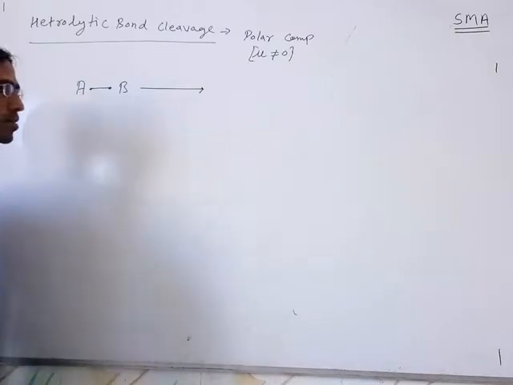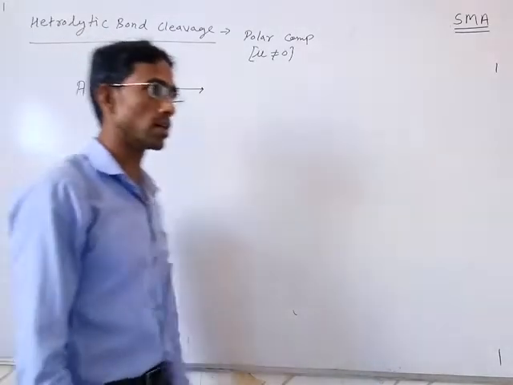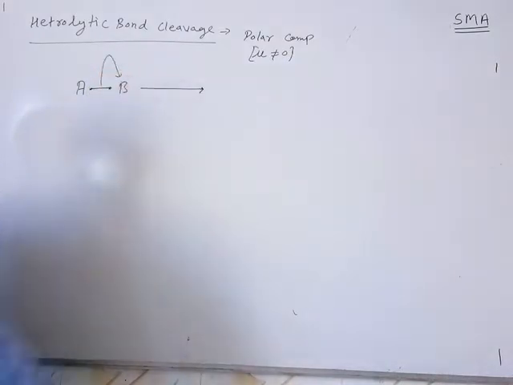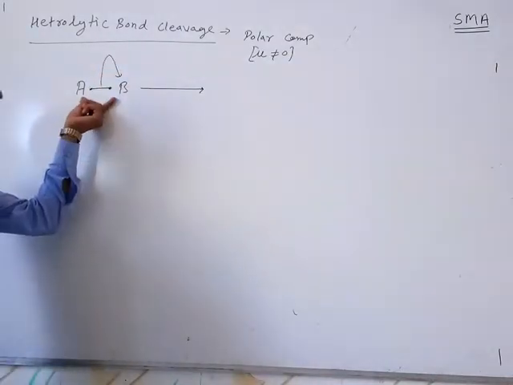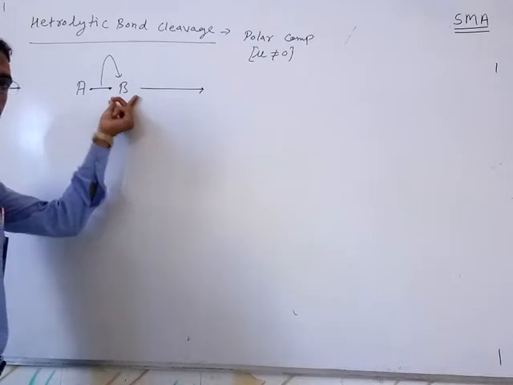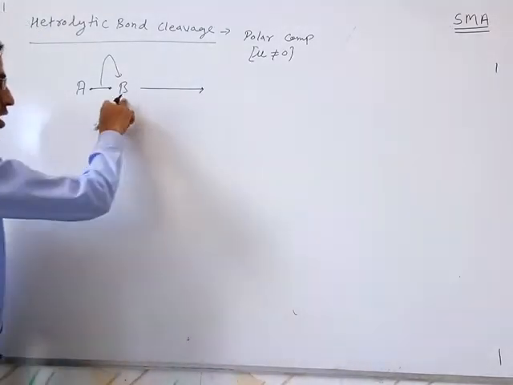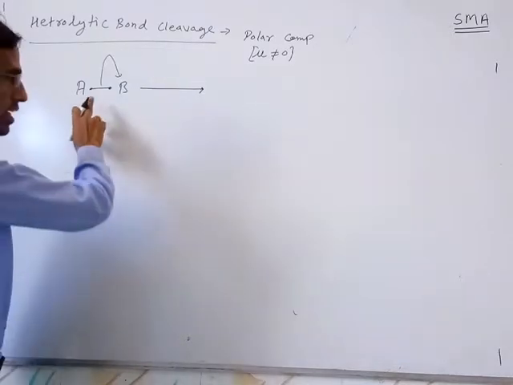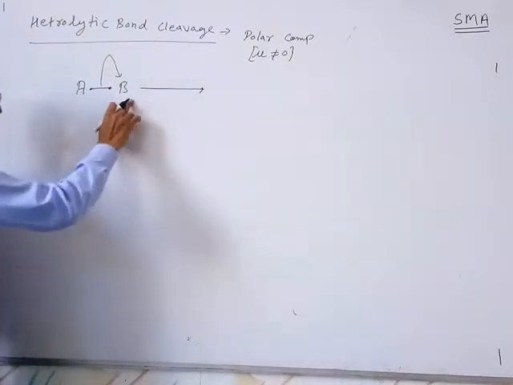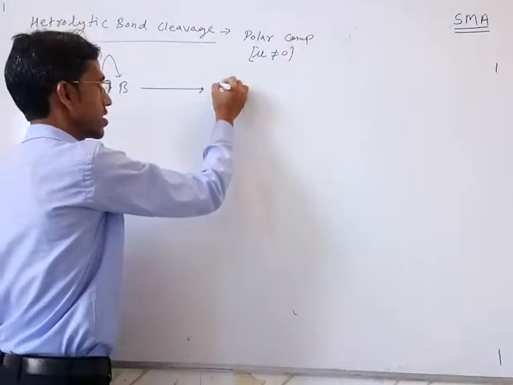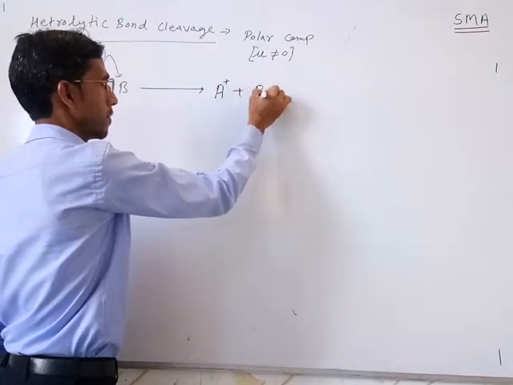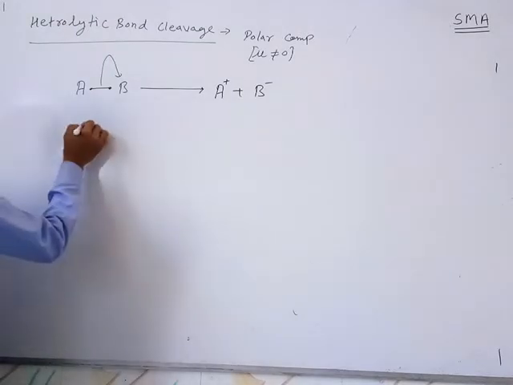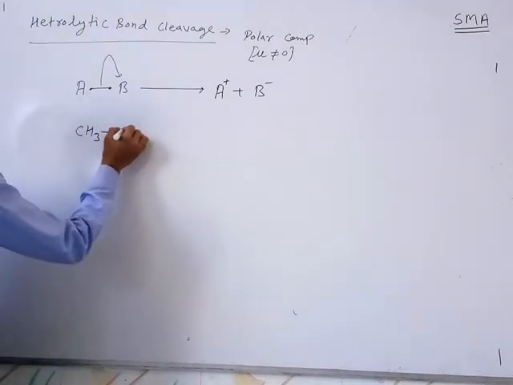For example, A and B are elements of different electronegativity. If B is more electronegative than A, then both electrons of the covalent bond are attracted by B. In this condition, B is electron rich and A is electron deficient. Then A gains a positive charge and B gains a negative charge: A plus and B minus. For example, CH3Cl.